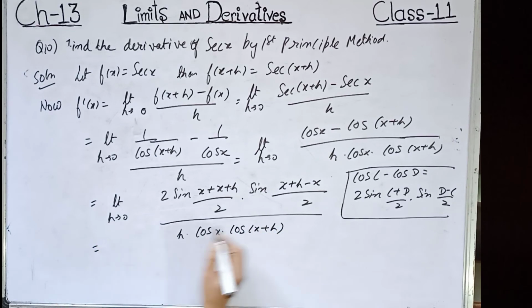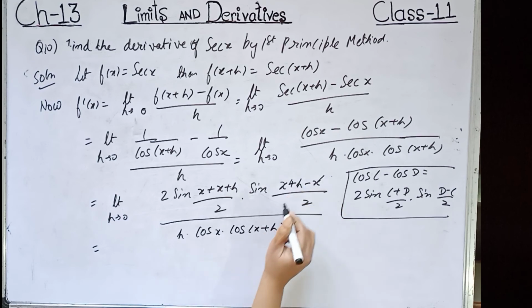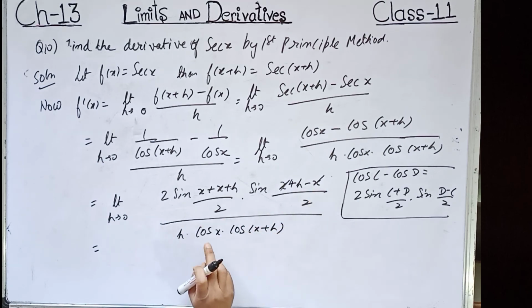Now equals to, this x is cancelled. Now over here this h I can move over here to get sin(h by 2) divided by h by 2, and that limiting value will be 1.